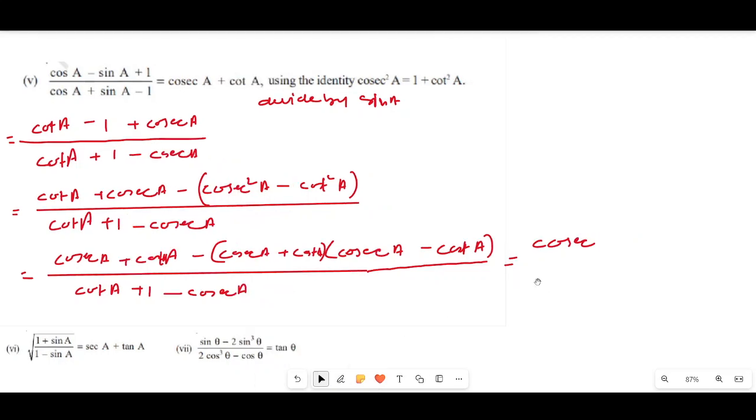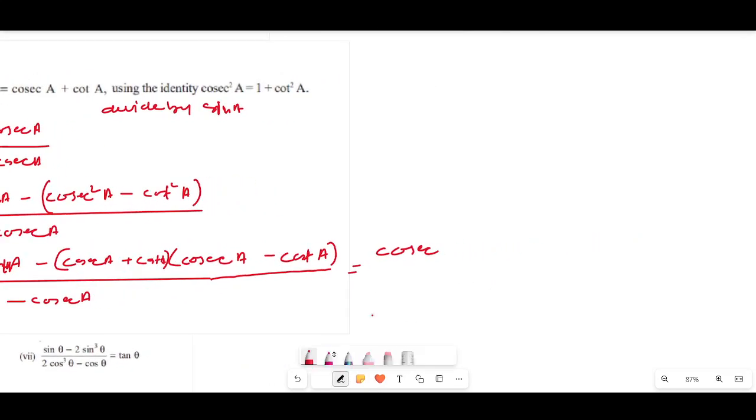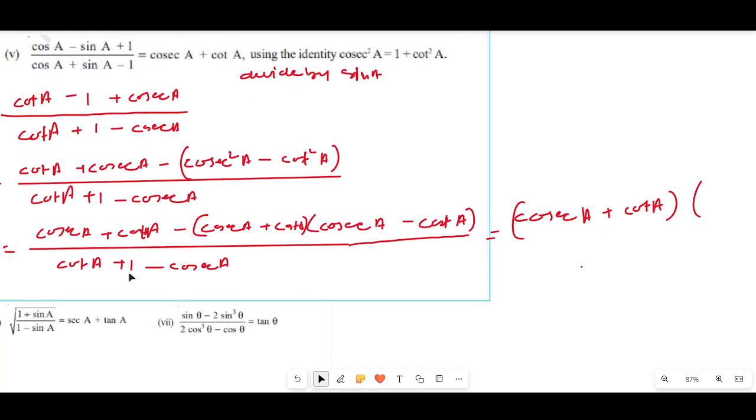Now for common we can write cosec A plus cot A. Then here we can write, look at the cot A plus 1 minus cosec A. Here it will be 1 and here it will be minus cosec A plus cot A. Clear? So we will get the same things.